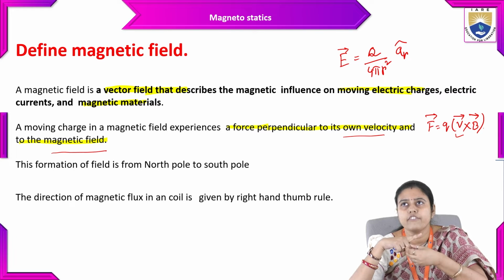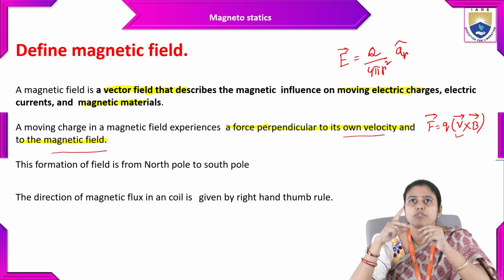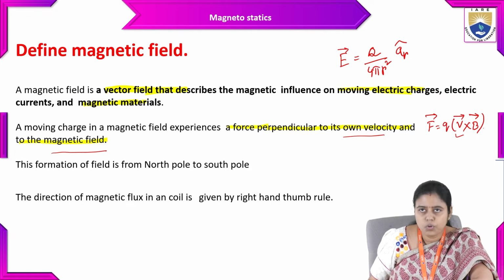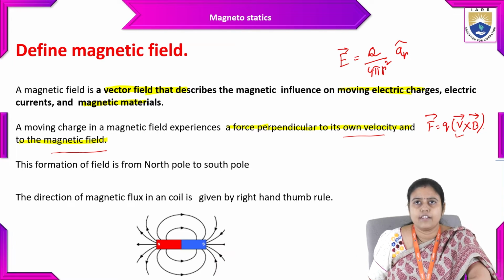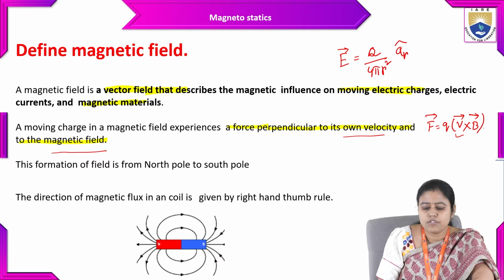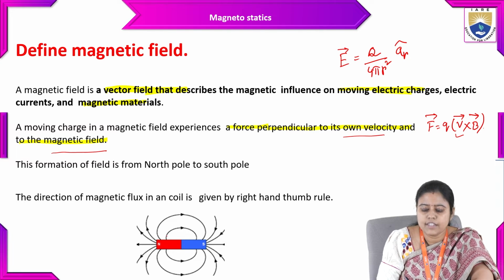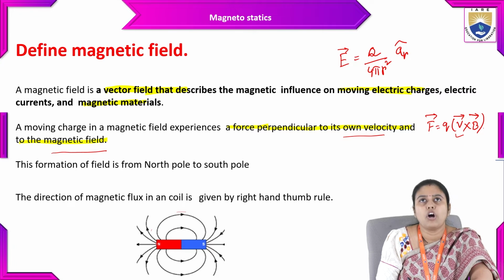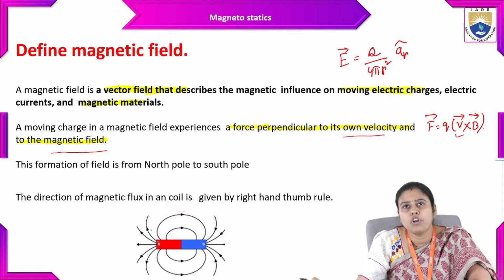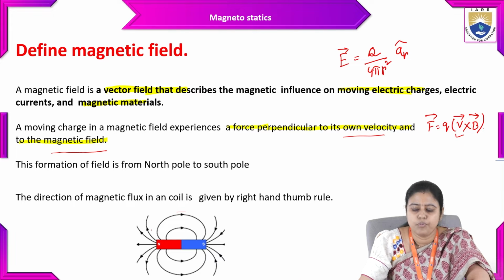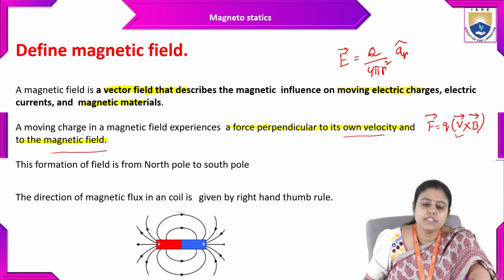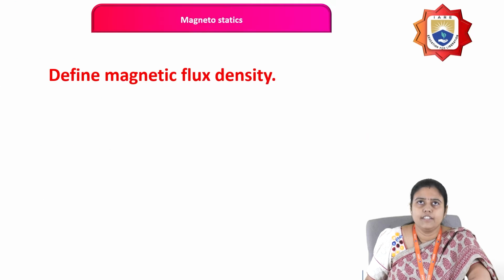The direction of the force will be according to the middle finger. So this is the right hand rule of the magnetic flux. As I told, there is a north pole and south pole, and you can see the field lines go from north pole to south pole. Always it will originate from the north pole and always terminate in the south pole. So this is the magnetic field.